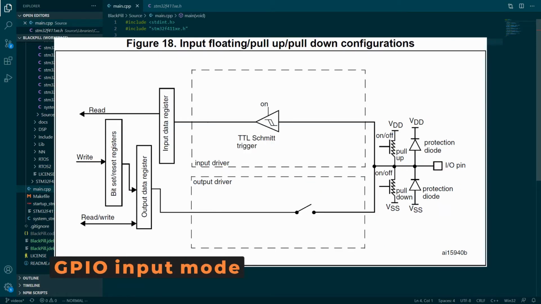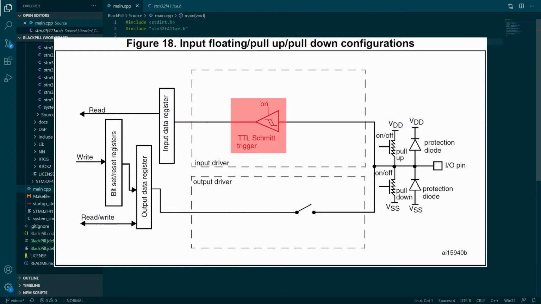So, when the I/O port is set to input mode, a few things happen around our pin. Most importantly, the Schmitt trigger input is activated, and from now on, this component uses the pin input voltage to determine the input state. The input data register holds the input state value determined by the Schmitt trigger. What is more, its value is updated with every AHB bus clock cycle.